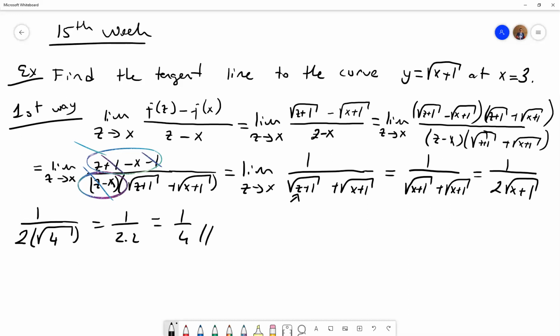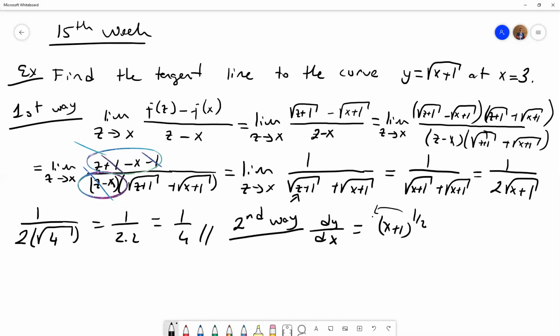And the other way is an easier one. Second way, we can directly find delta y over delta x. So it is the derivative of the function, x plus 1 to the power 1 over 2.